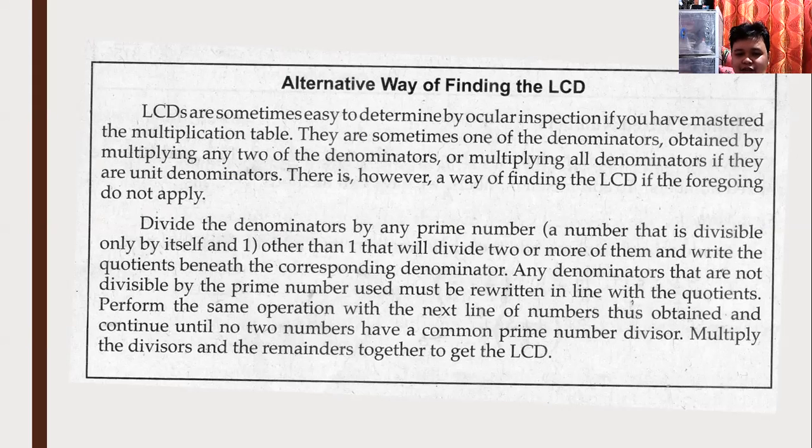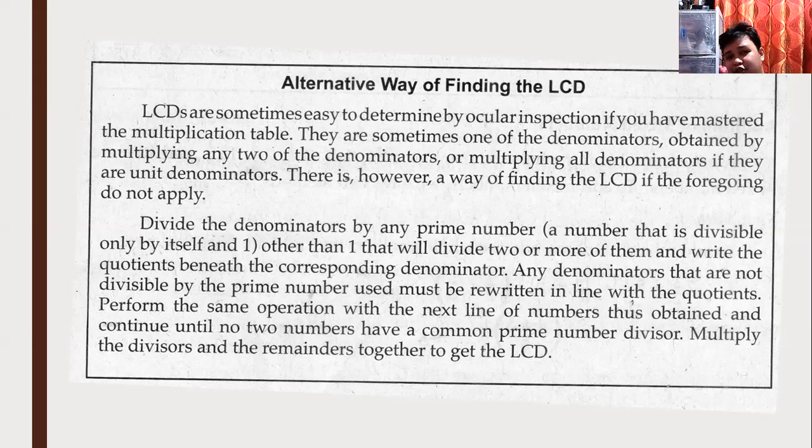Divide the denominators by any prime number, a number that is divisible only by itself and 1. Other than 1, that will divide two or more of them, and write the quotients beneath the corresponding denominators.